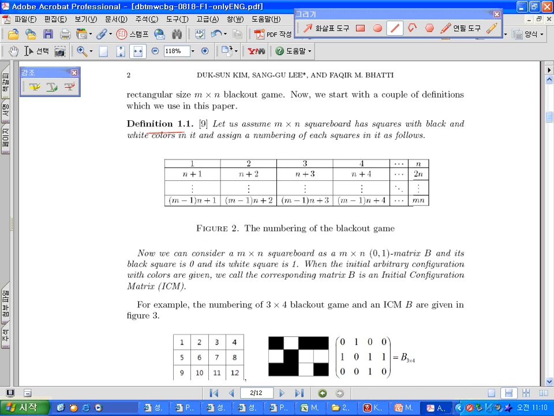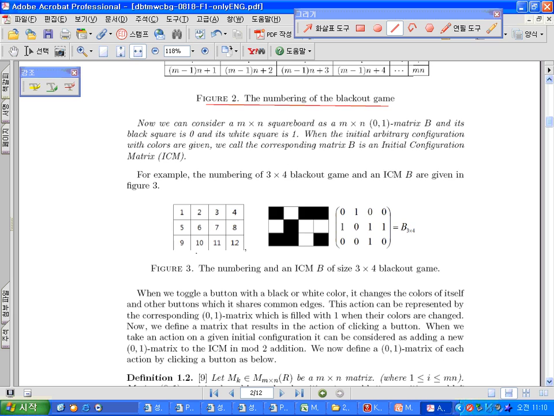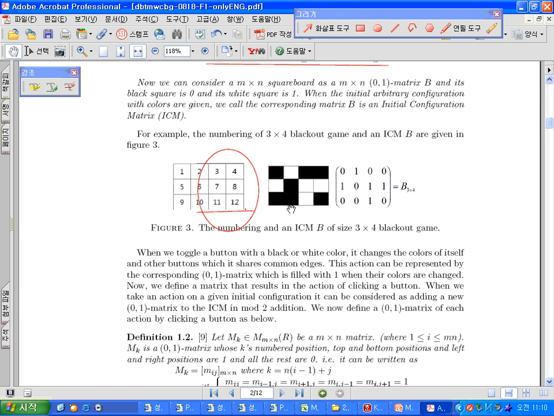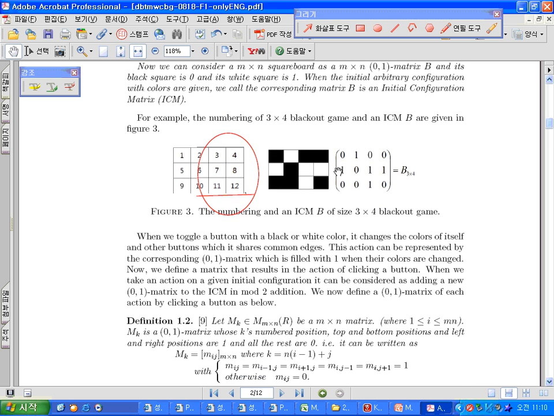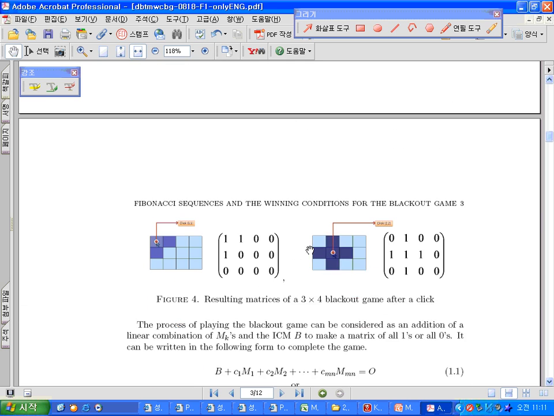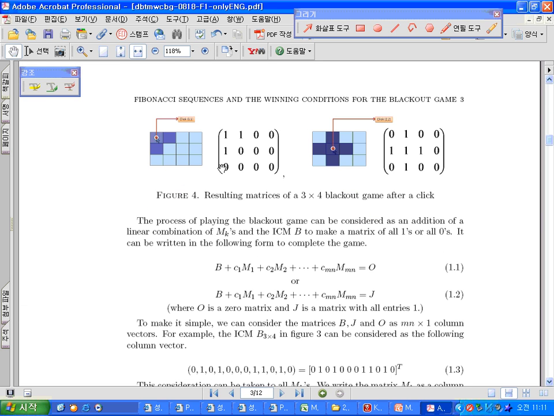Anyway, here, this is a formulation. Suppose we have this matrix, the given conditions. This initial condition can be considered as a 0-1 matrix like this, and this shows exactly what you saw, the action that is taken on the blackout game into the 0-1 matrices.